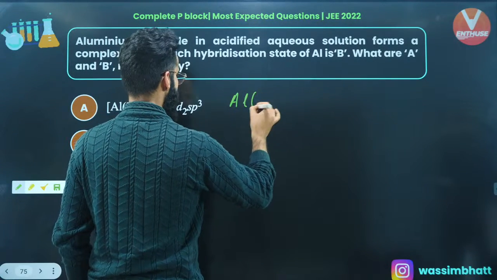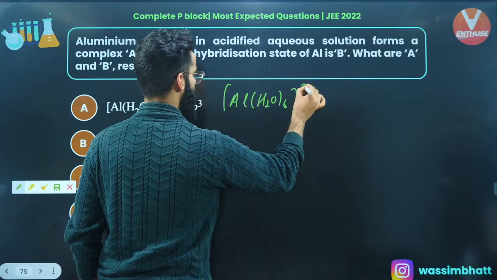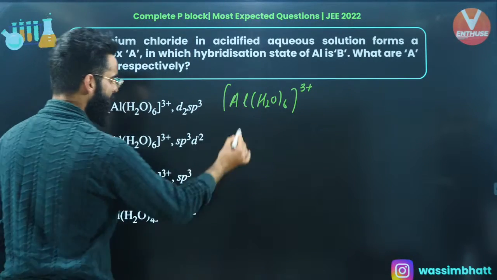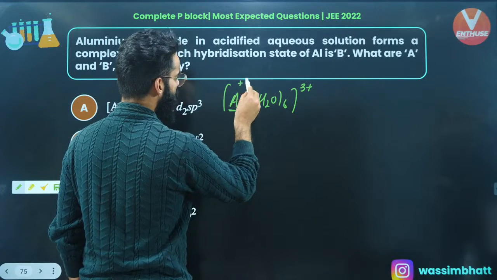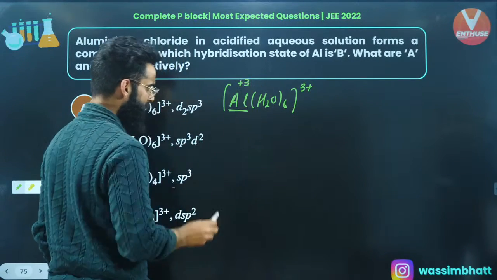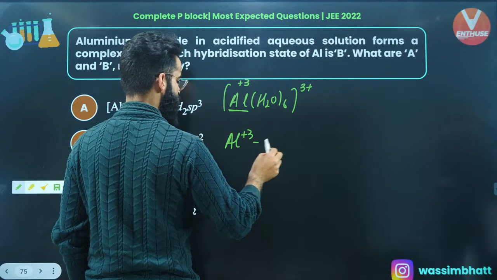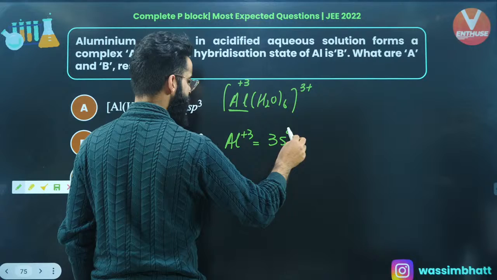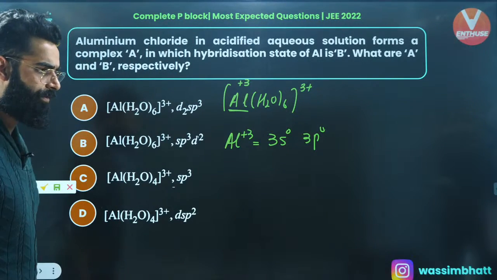It forms [Al(H2O)6]3+. This is the complex which gets formed. Now I need to calculate the hybridization of this aluminum. Aluminum here has the oxidation state of +3 because water is neutral. So if you talk about the Al3+ outermost configuration, it is going to be 3s0, 3p0, similarly 3d0.